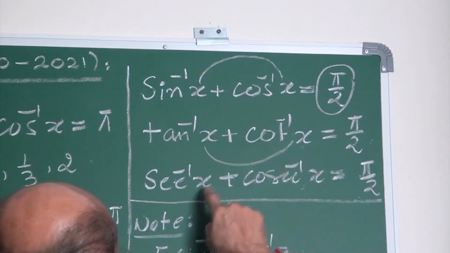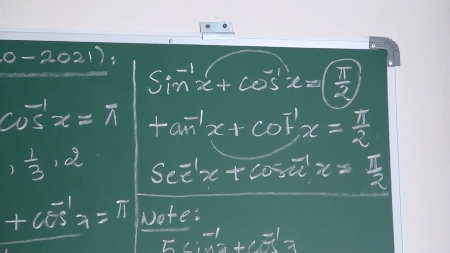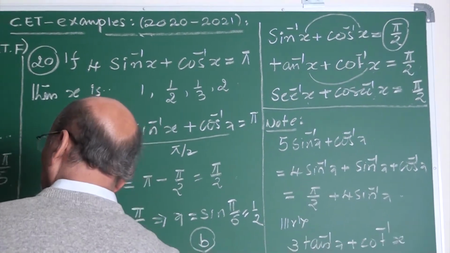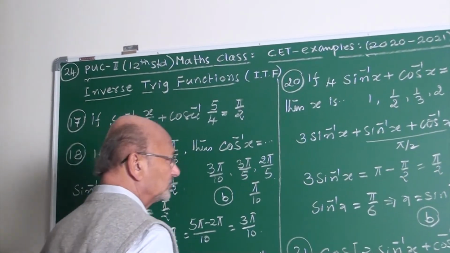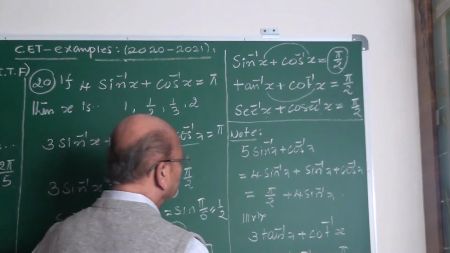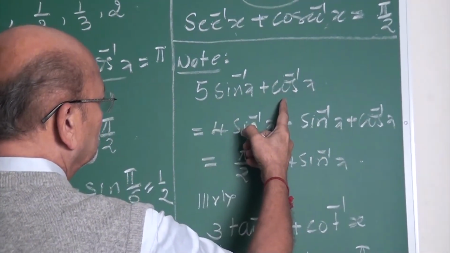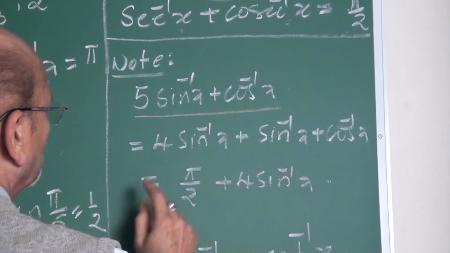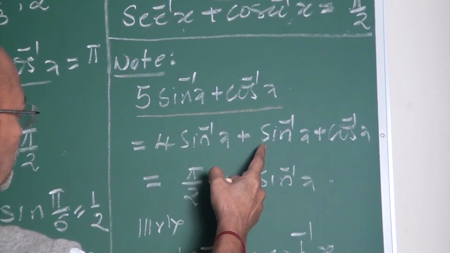By making use of this, I will explain. With the help of this, the value of 5 sin inverse x plus cos inverse x: you can split 5 as 4 plus 1.